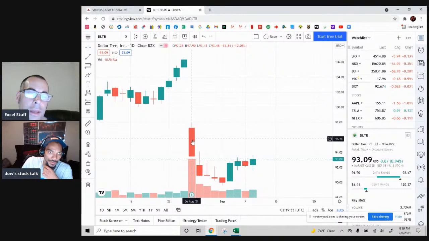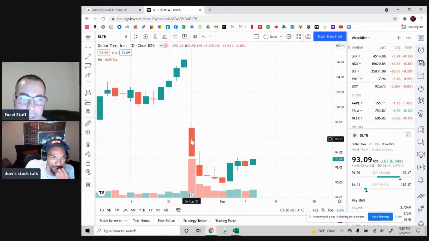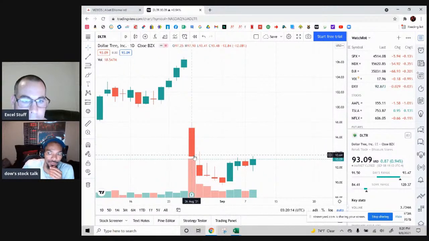Okay, so if I just have the cursor on this red candle, it shows me on top the opening, the high. The high of the candle is 97.90, the top of the wick. The low is 93.41, the bottom of the candle.